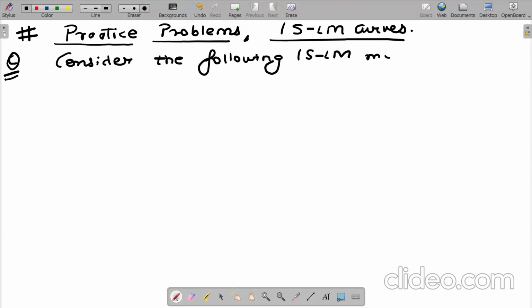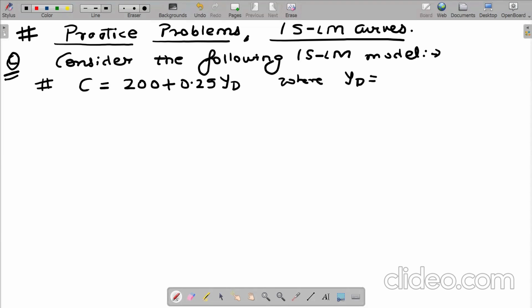Consider the following ISLM model where we are given that the consumption function is C equals 200 plus 0.25 YD, where we all know that YD denotes disposable income.